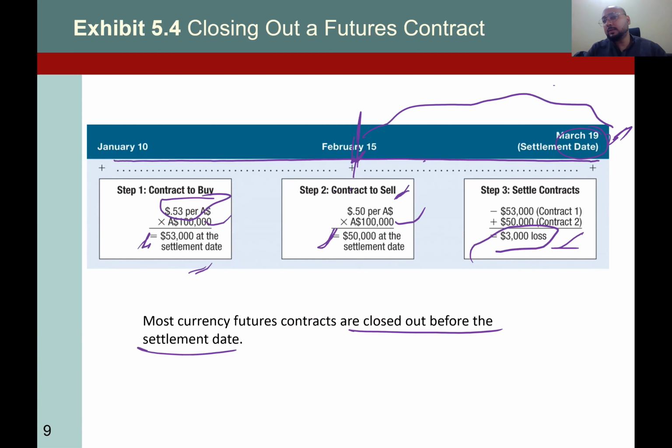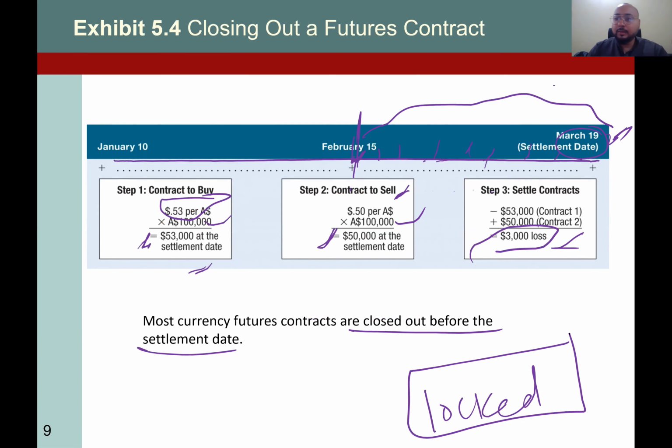Even then, your loss is $3,000. So the point is, there is nothing you can do to decrease your loss. Whether it is January 16, 17, 18, 20 or whatsoever, the loss is locked. It cannot be decreased.